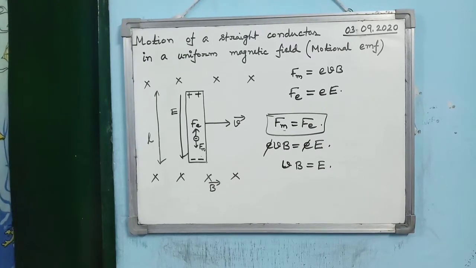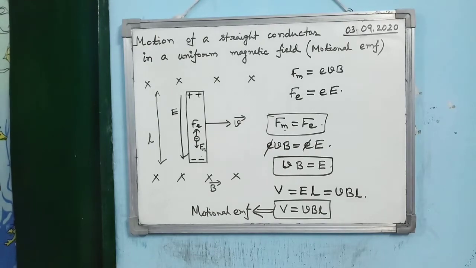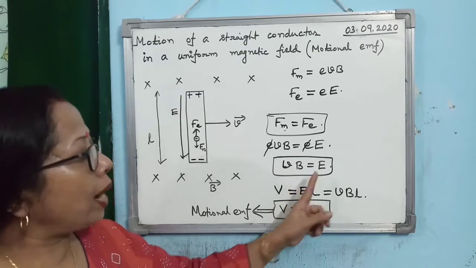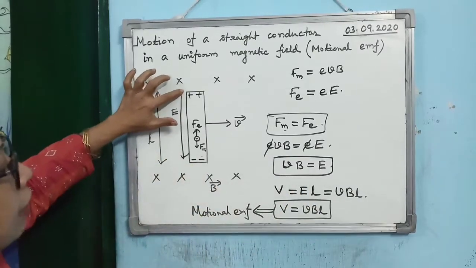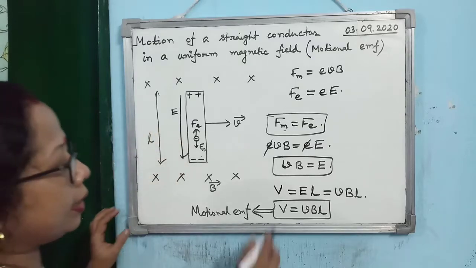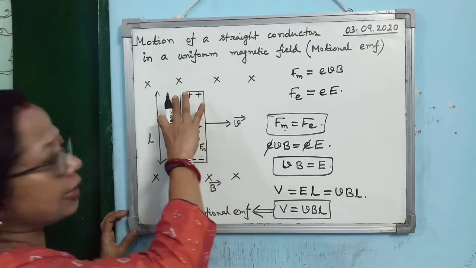This is known as the equilibrium condition. The electric field developed at the equilibrium condition is given by V into B. So what will be the potential difference developed across the two ends of the conductor? Potential difference is given by electric field multiplied by distance.